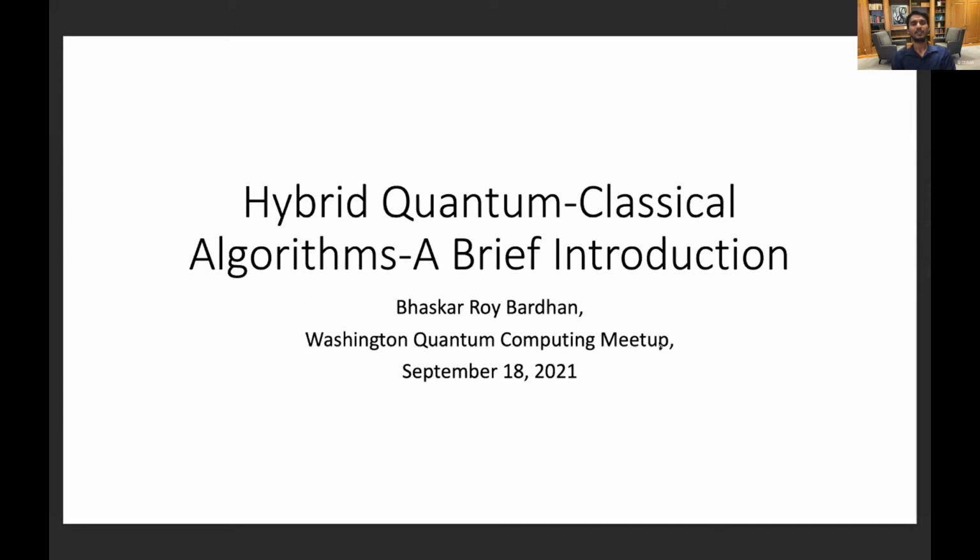The hybrid quantum classical model is along the same footing, where most of the pre-processing and post-processing is done by the classical computer, but the hard computations, which would take classical computers a lot of time, can be ported to quantum devices. Classical computers interact with the quantum computer, and the quantum computer gives the answer of that hard part of the computation, and that's how this hybrid model works.